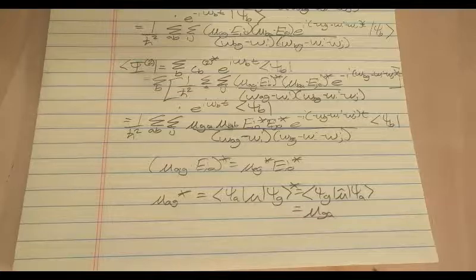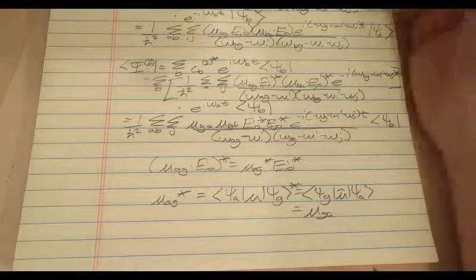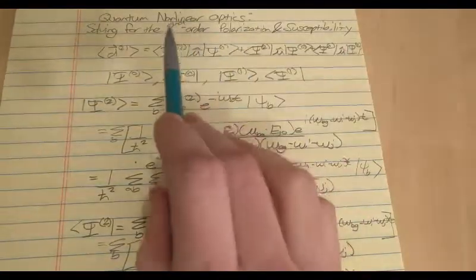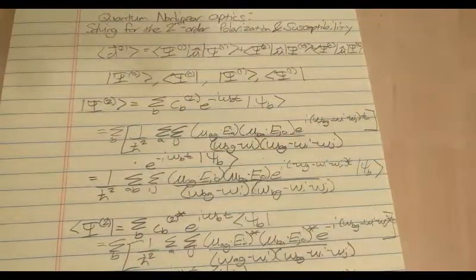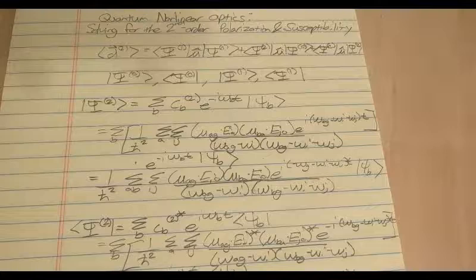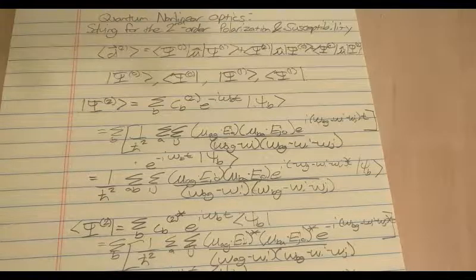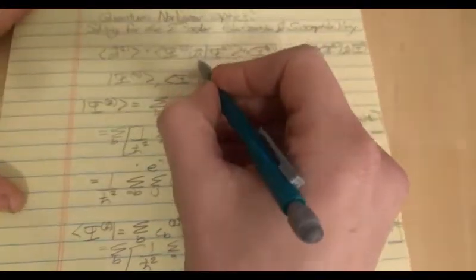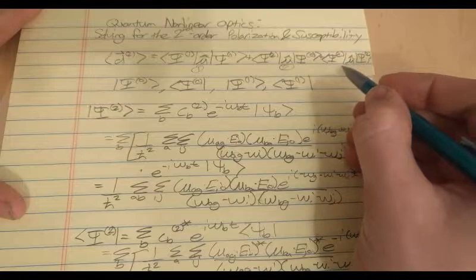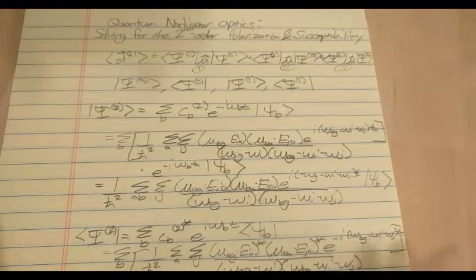Okay, so now I'm going to solve for each of the terms up here individually. And the first one I'm going to do is the first term. So I'm calling this one here the first term, this one here the second term, this one here the third term.